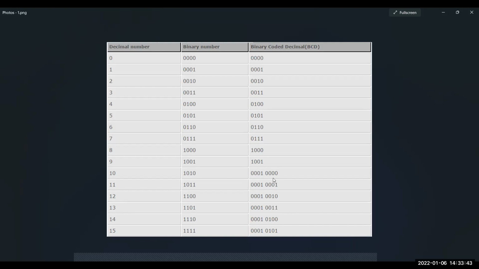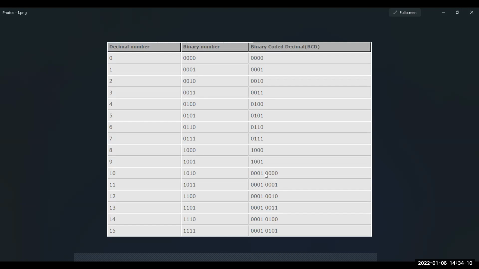For BCD we add six, or 0110, to get the correct form of BCD, and after that we get this result for 10.